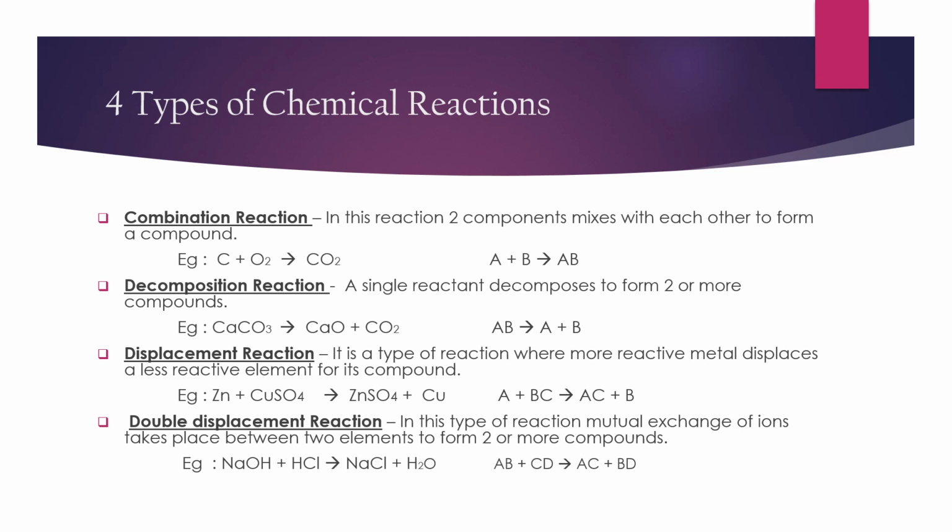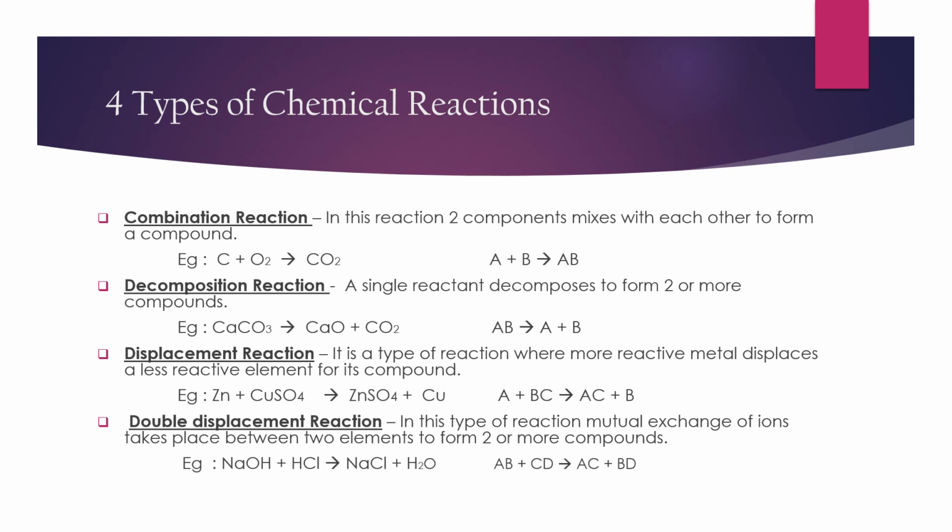The second type of reaction is the decomposition reaction, where a single reactant decomposes to form two or more compounds. That is, a reactant is heated or electrolyzed. I know you can't understand electrolysis now, we are going to learn it in the next chapter. Now we will see decomposition reactions.